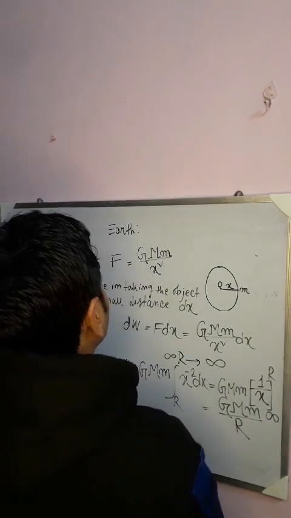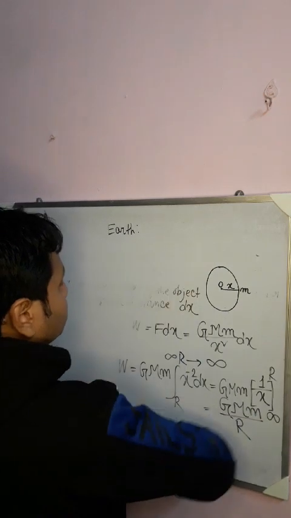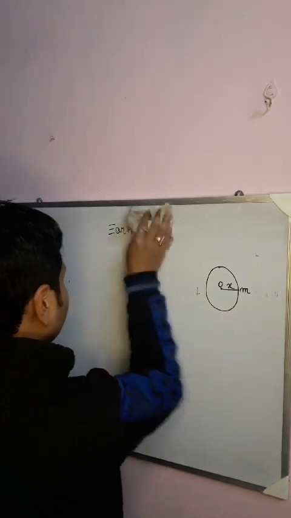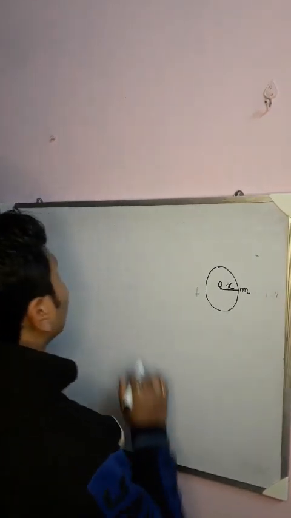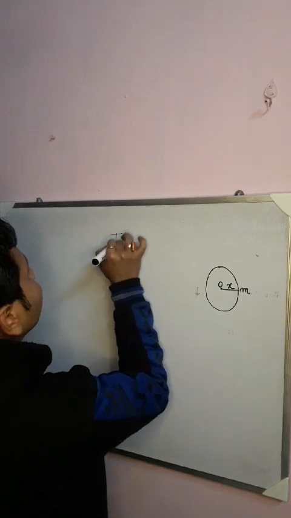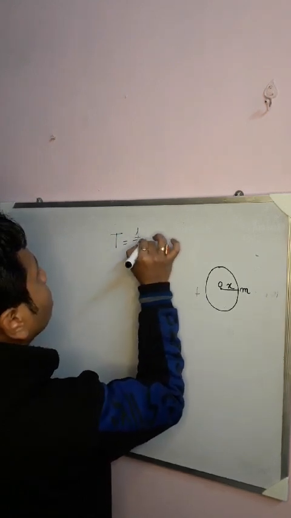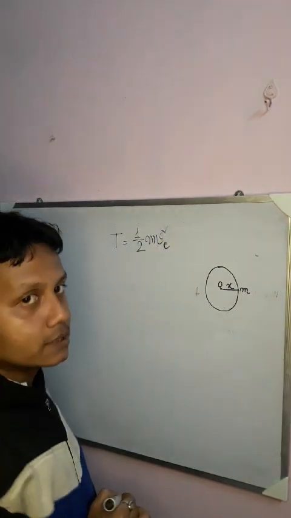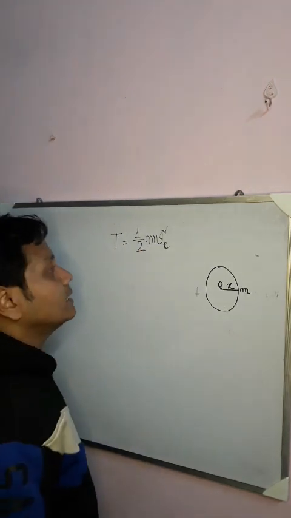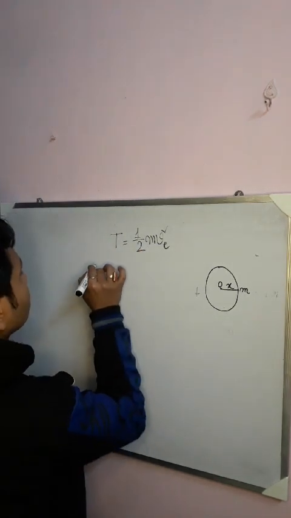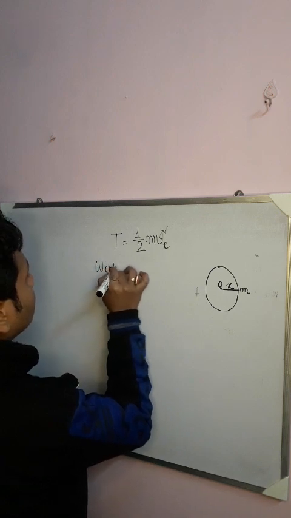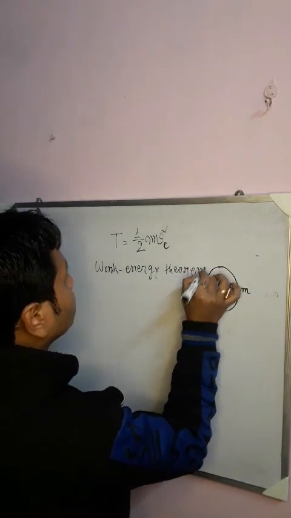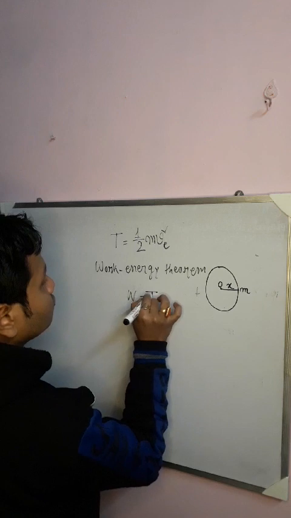Now if ve is the escape velocity of the object of mass m, what would be the kinetic energy? The kinetic energy will be half m ve square. From the work-energy theorem we conclude that the work done must be equal to the kinetic energy.